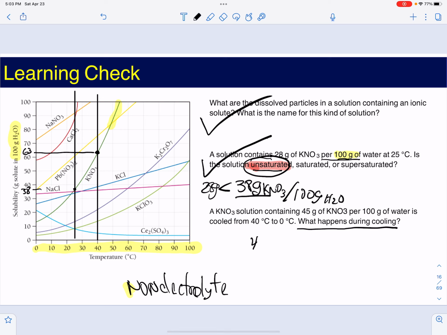So at 40 degrees Celsius, the water will become saturated at 63 grams. Let me fix that. At 40 degrees Celsius, I can dissolve 63 grams. That's what I meant to say. I'm sorry. So what happens if I take it down to 0 degrees Celsius? When I make it to 0 degrees Celsius, I can only dissolve around 12 grams.